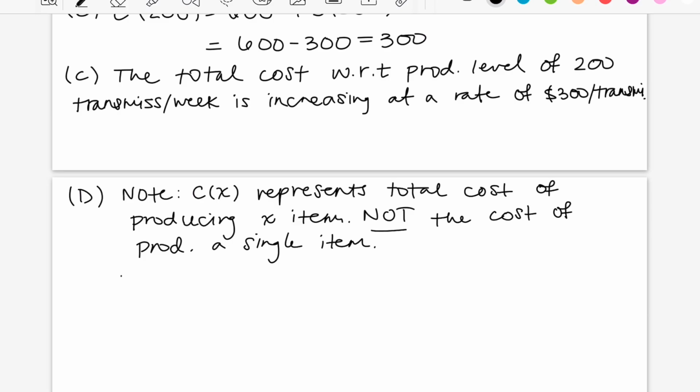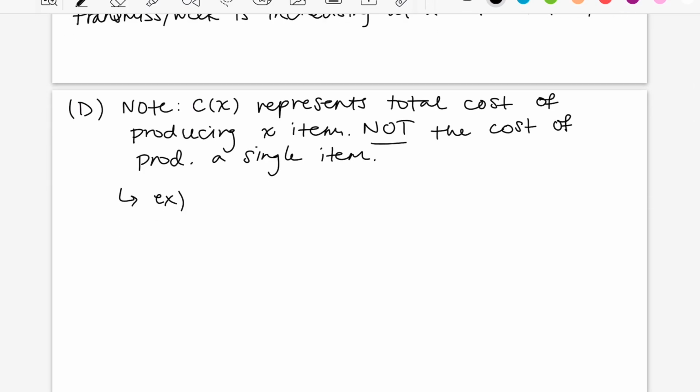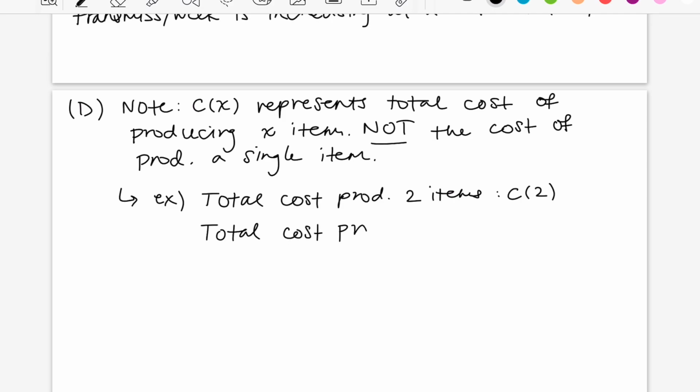So what this means is, let's look at a quick example. The total cost to produce 2 items would be C of 2, so we'd plug 2 into our cost function for X. And then the total cost of producing 3 items would be C of 3.